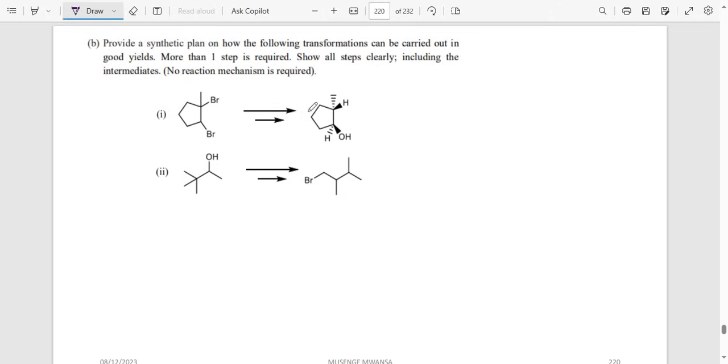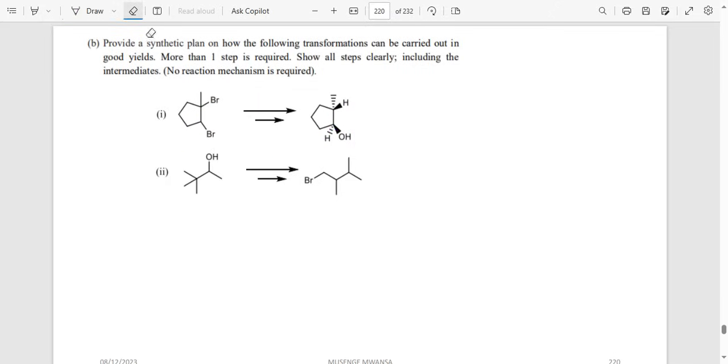You can see both bromines have been substituted, and we only have a hydrogen there, meaning that the hydrogen had to replace the bromine. And then at this other point, we have got hydroxide. It means that hydroxide has to replace the bromine. There is already a hydrogen here, so this is the hydrogen we can see. And then there is already a methyl here. That's a methyl that we can see on top there.